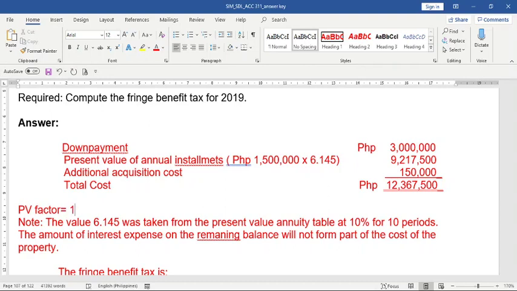So, this is 1.10 raised to the negative 10 power, and this is an annuity, divided by 0.10.